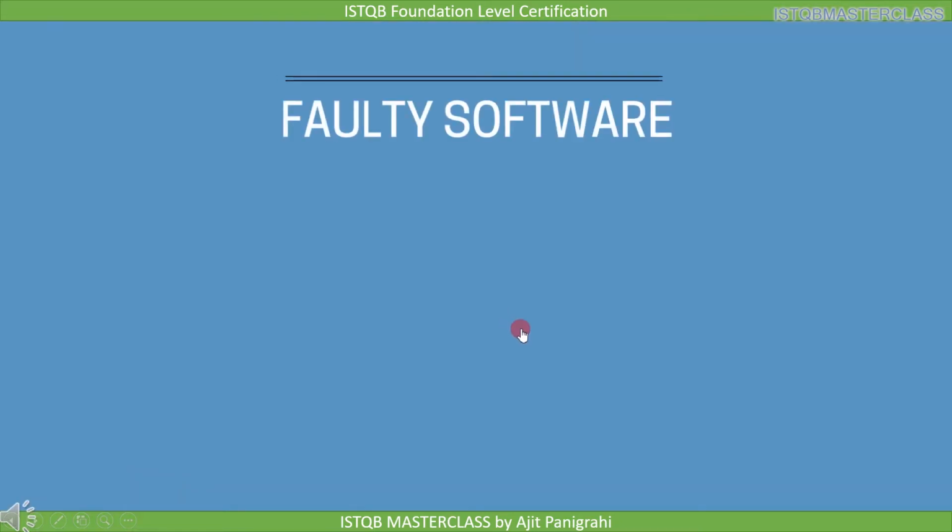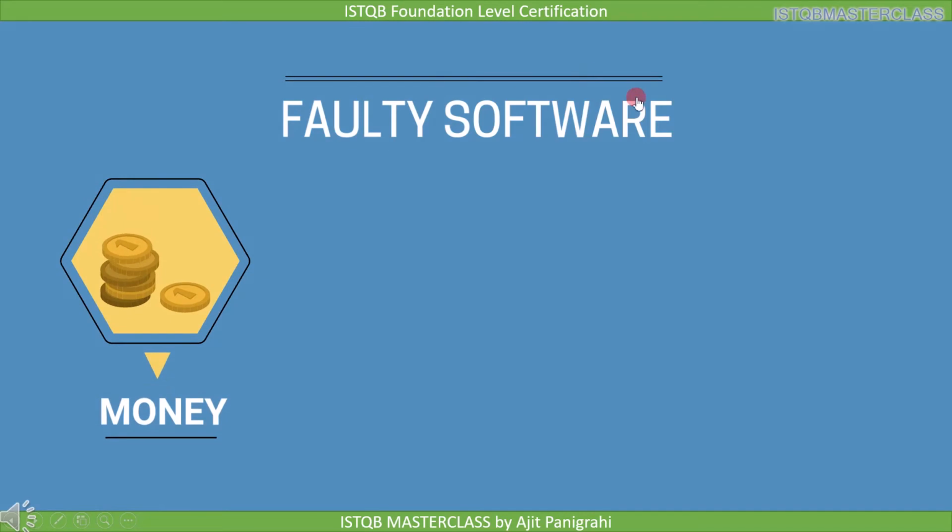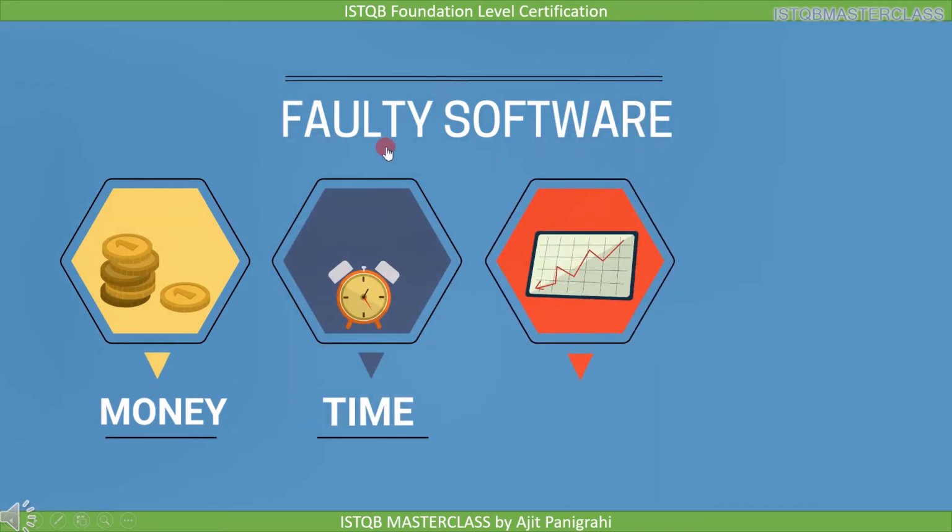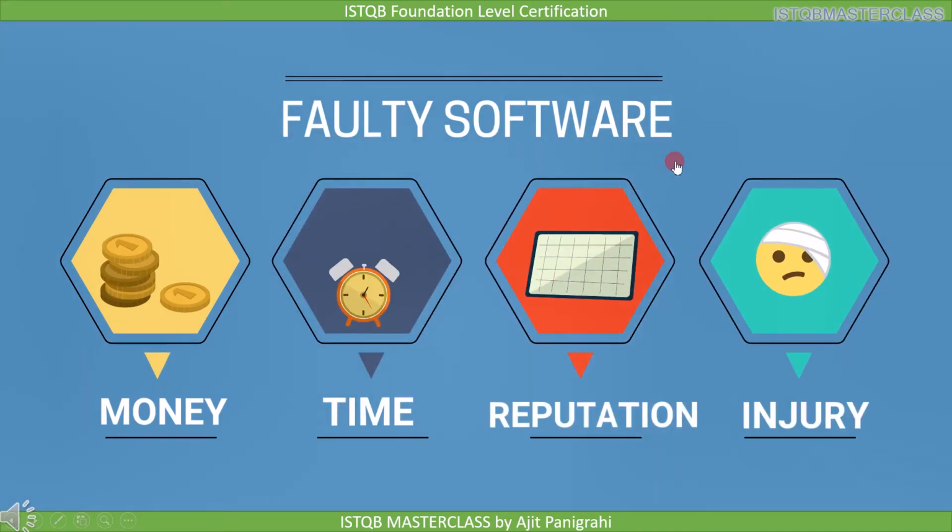What will happen if the software does not work correctly? Such software are called faulty software. And a faulty software can result in loss of money, time, reputation, or in extreme cases can result in injury or death. Now let's see some real-time examples to understand this.